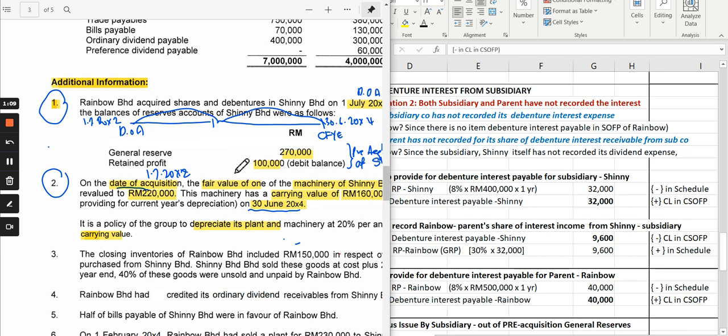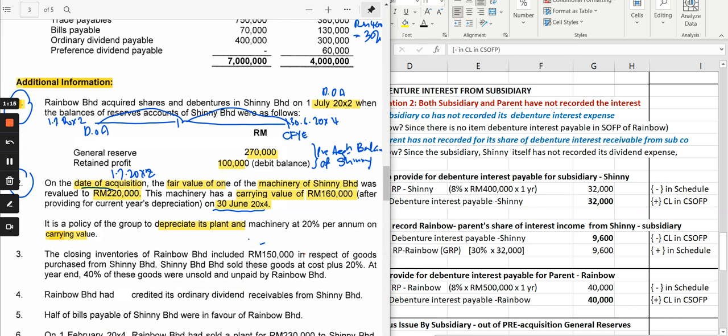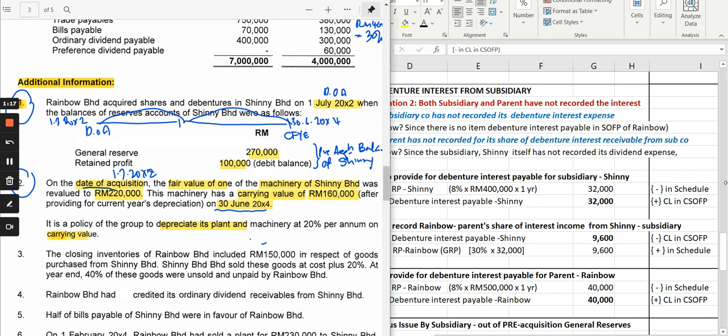So this closing inventory of Rainbow included 150,000 in respect of goods purchased from Shini. So Rainbow is the parent company, and it is buying goods from the subsidiary. Subsidiary here is Shini. So Shini is the subsidiary company, and Shini is also the seller.